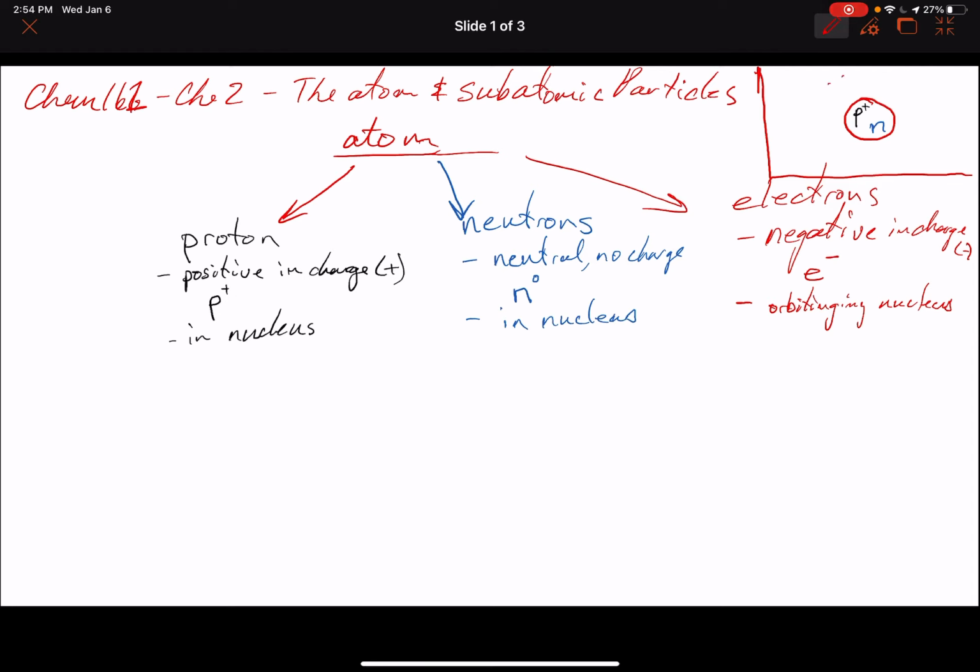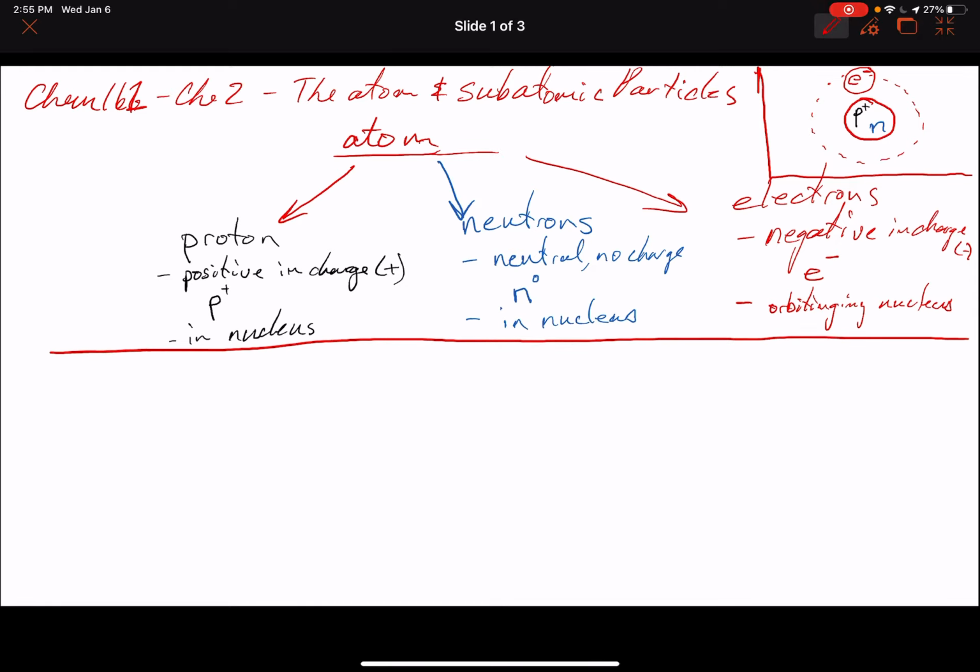So at some sort of orbit around the nucleus in the planetary model again, we would position the electron and show that it occupies a different sort of position in the atom. Between the nucleus and the electron, of course, is empty space, and this is our planetary model for the atom.